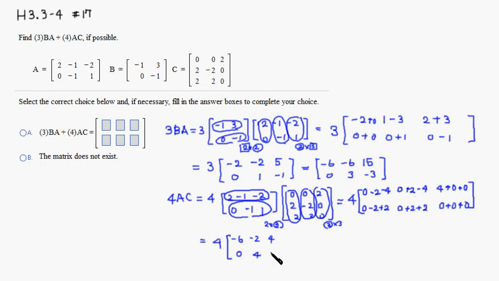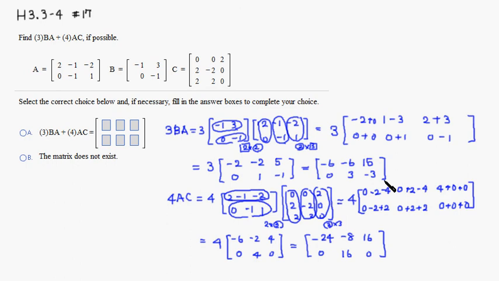And 0 plus 0 plus 0 is 0. Multiply by 4, you get negative 24. And 4 times negative 2 is negative 8. 4 times 4 is 16. 4 times 0 is 0. 4 times 4 is 16. And 4 times 0 is 0.